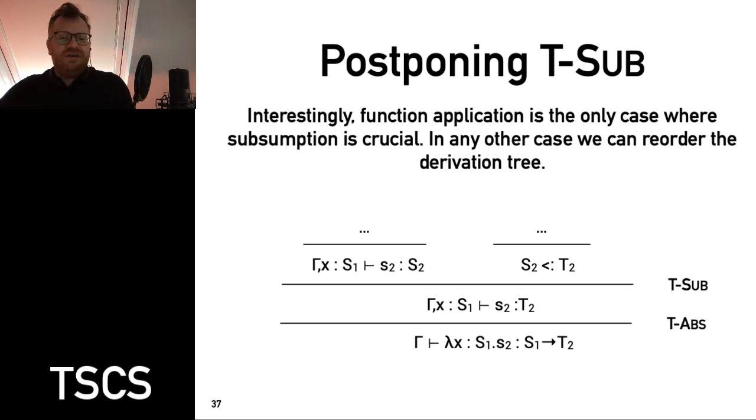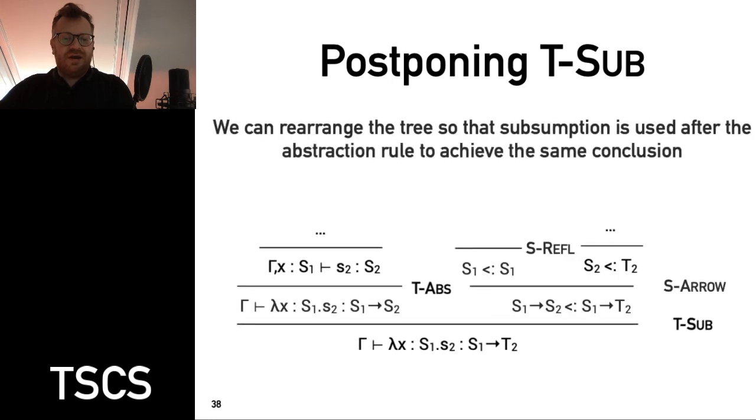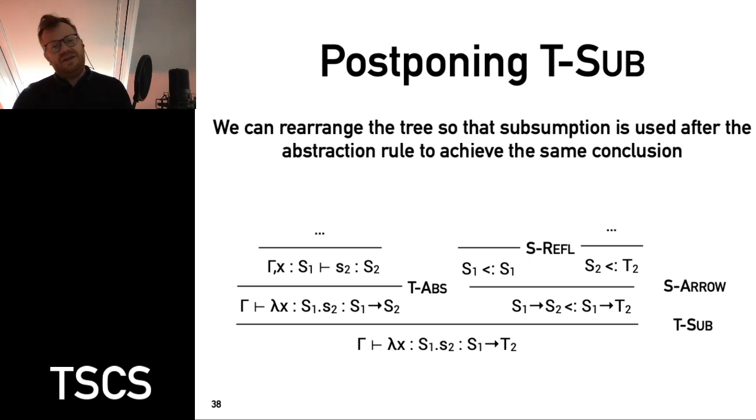So what we have here is an abstraction, and the next rule that we have up in the derivation tree is the T sub rule. And we can reorder this in this way, that we postpone the T sub rule to be the last, and then use the T abs rule together with the S arrow rule to actually show that this is true.